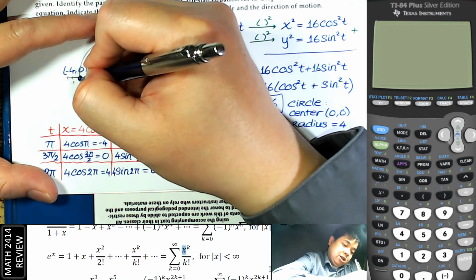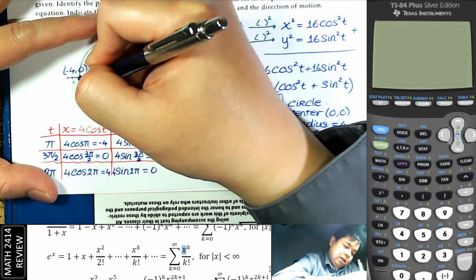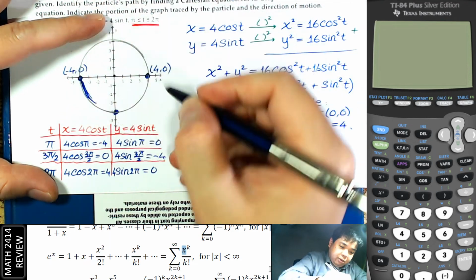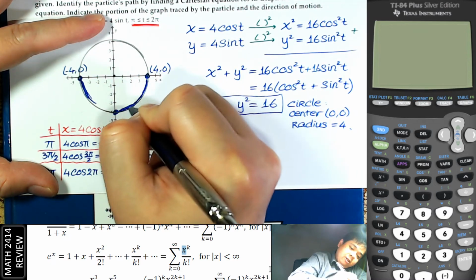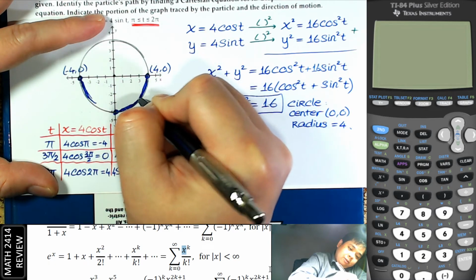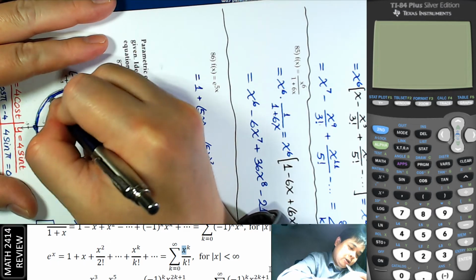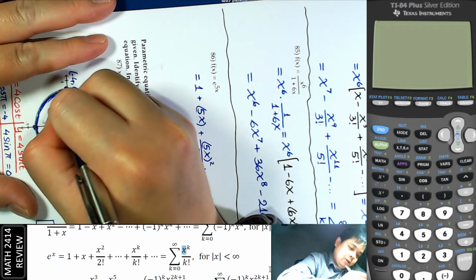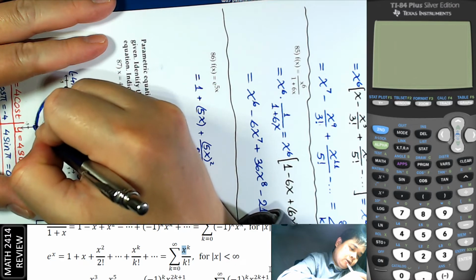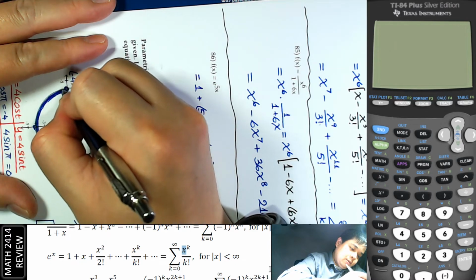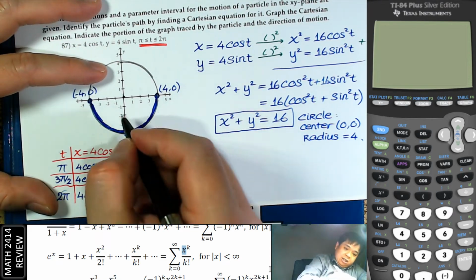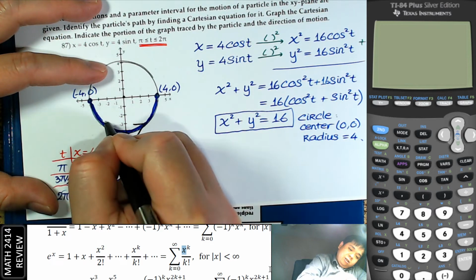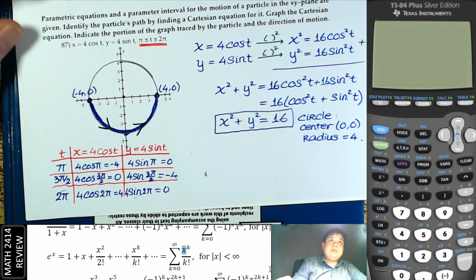So the curve actually is just the bottom half of the circle, and it goes in this direction.